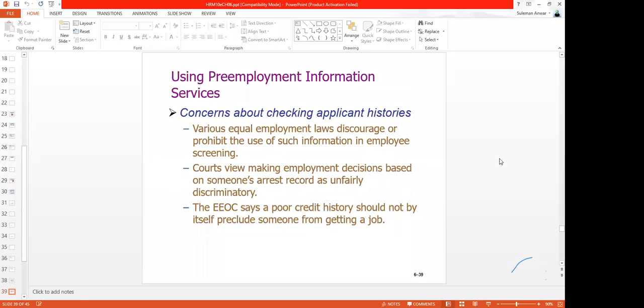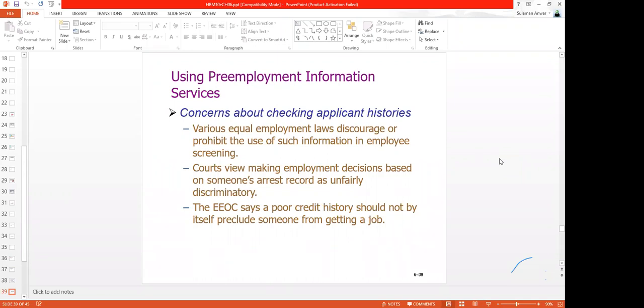Using pre-employment information services, that is the context we need to talk about. In pre-employment information services, there are certain concerns which we have to bear in mind. The concerns about checking applicant histories include various equal employment laws that discourage or prohibit the use of such information in employee screening.